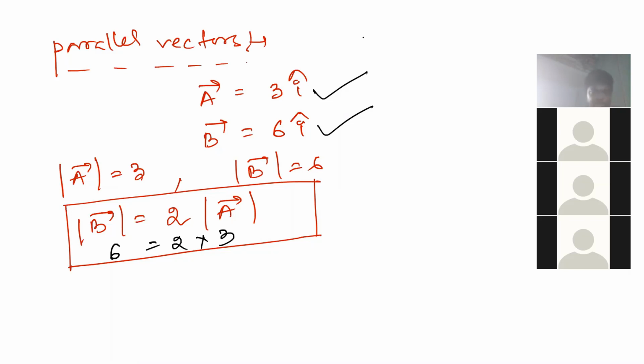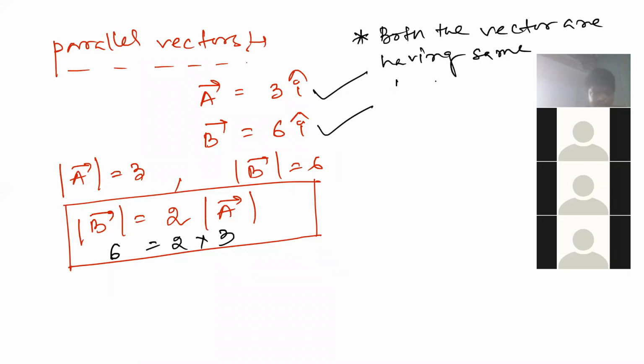So what are the two conditions? First condition: both the vectors have the same direction, right?